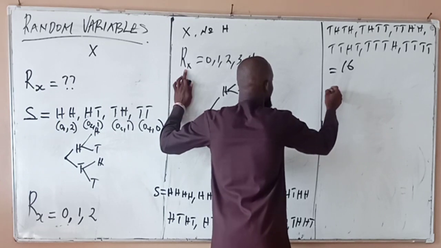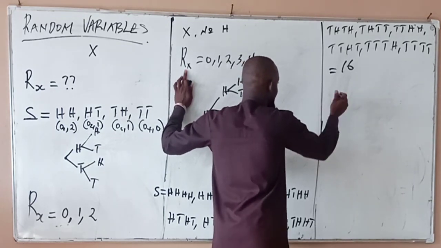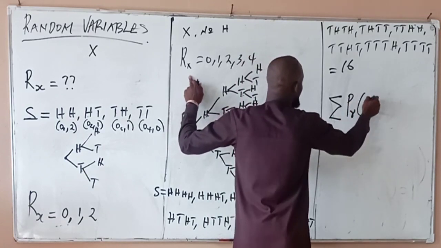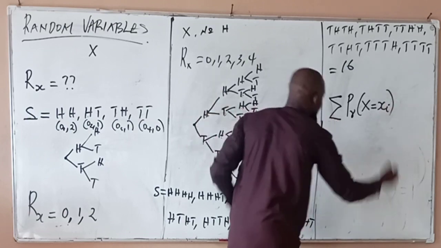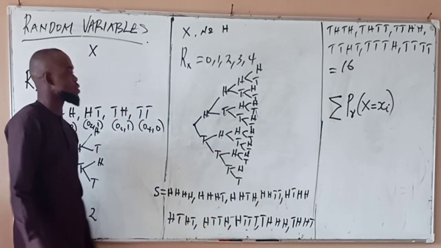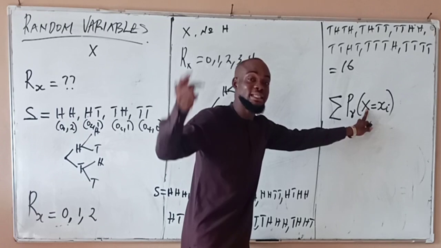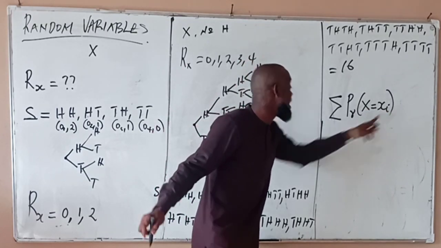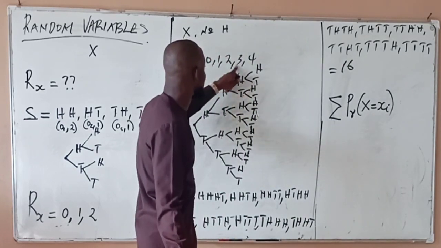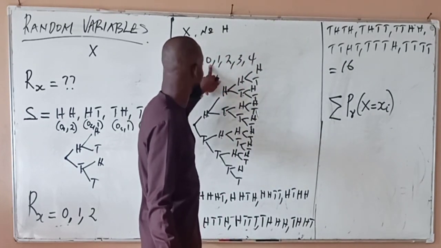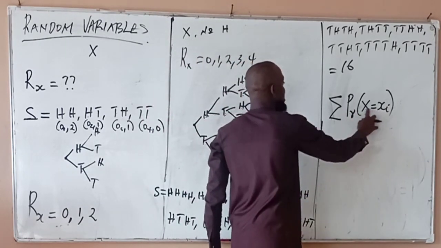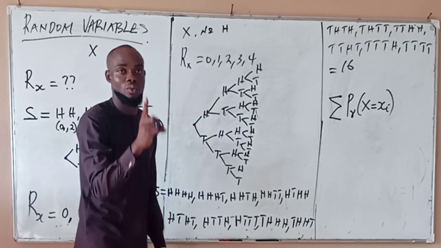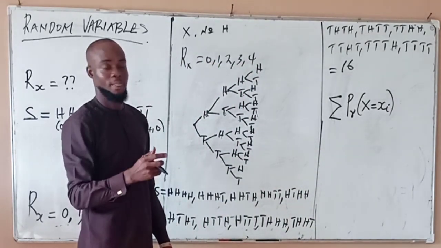If we sum together all the probabilities of X equals Xi, where this X denotes the number of heads, and this i can be 0, 1, 2, 3, 4, meaning 0 heads, 1 head, 2 heads, 3 heads, and so on.